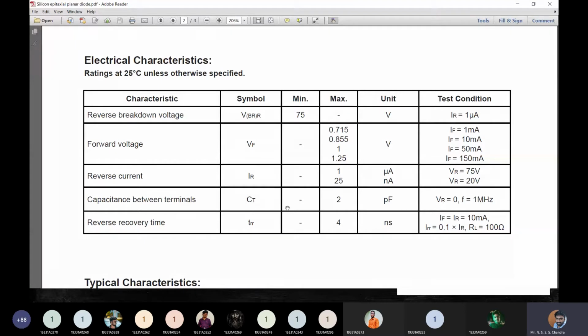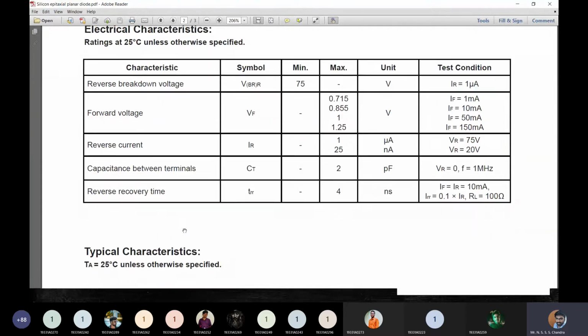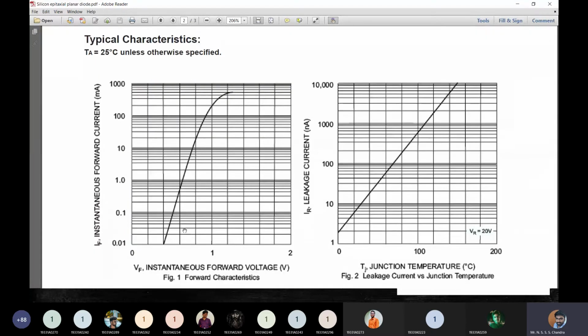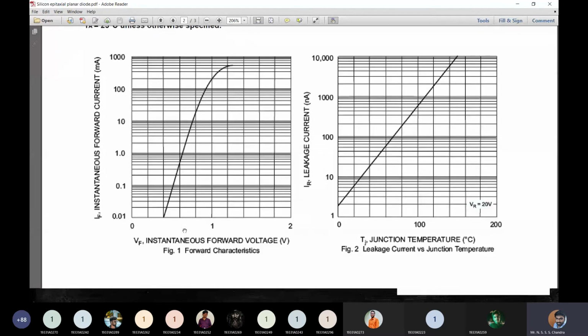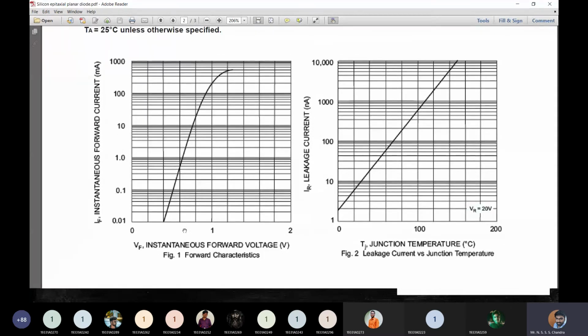Some capacitance values are also given here, and some reverse recovery time is also given. If time permits, I will deal with those topics also. You also have some graphs in your data sheet. This is your forward characteristics, with voltage on the x-axis and current on the y-axis.